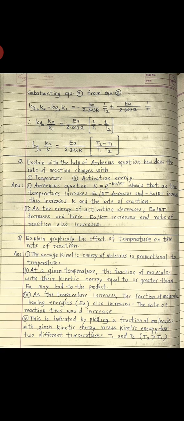So the average kinetic energy of a molecule is directly proportional to temperature. At a given temperature, the fraction of molecules with their kinetic energy equal to or greater than EA may lead to the product.